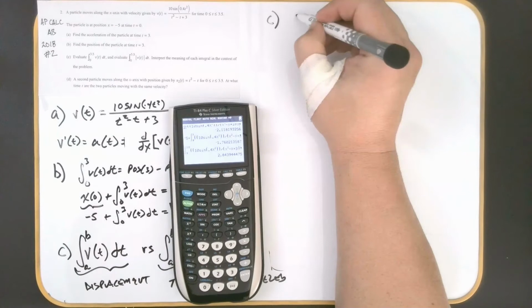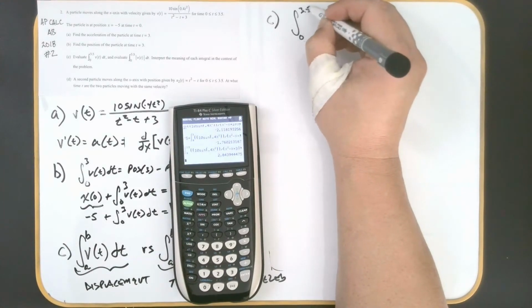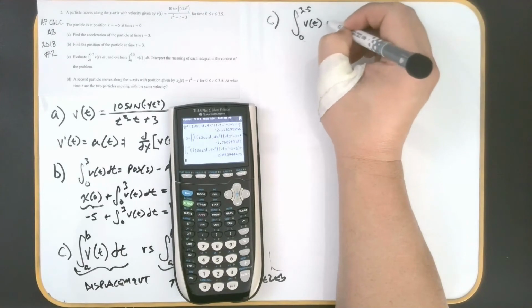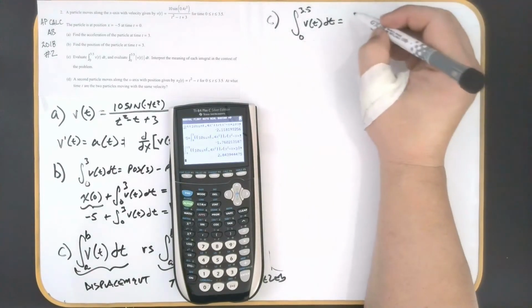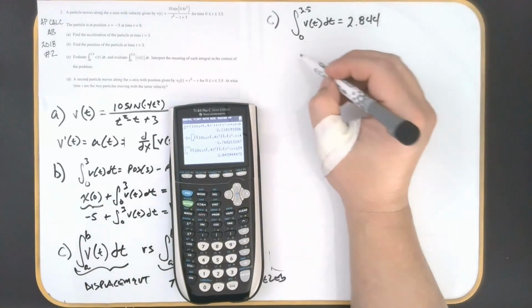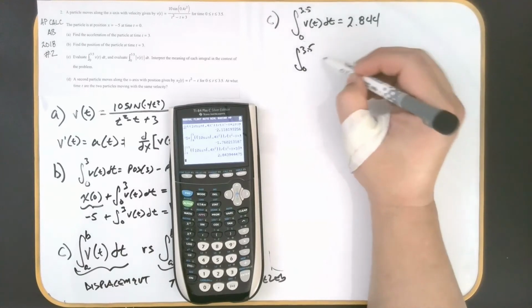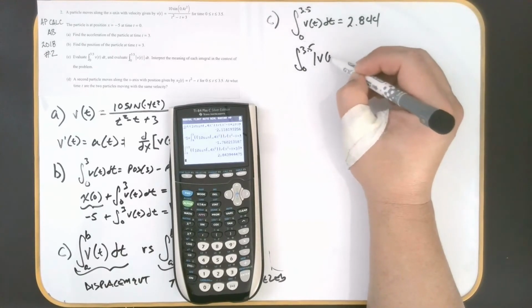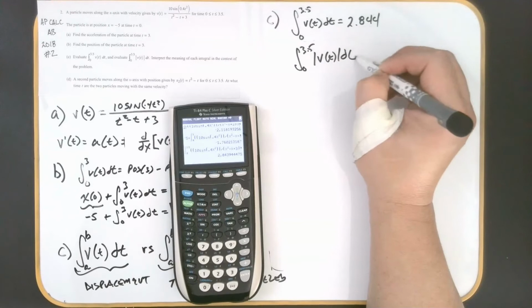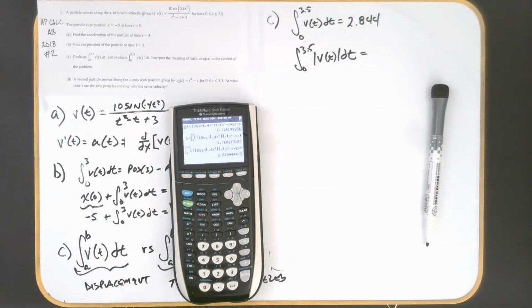So on the calculator, when we integrated from 0 to 3.5 of just the velocity, we got 2.844. And now let's integrate the absolute value and see what that gives us. Now logic would tell you it's probably going to be a bigger number. So let's see what happens.